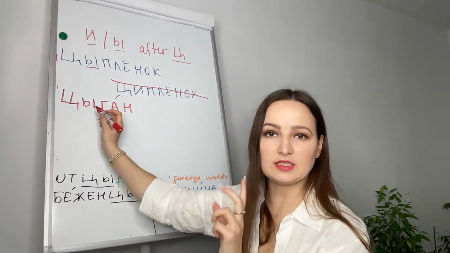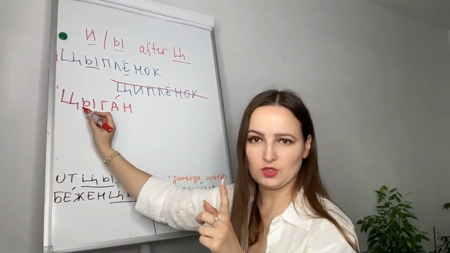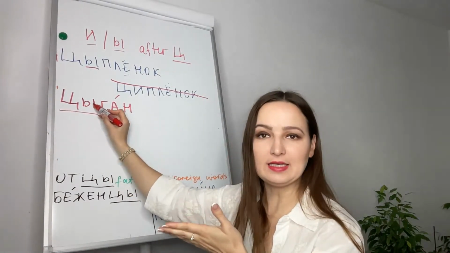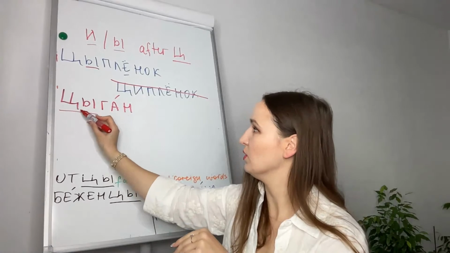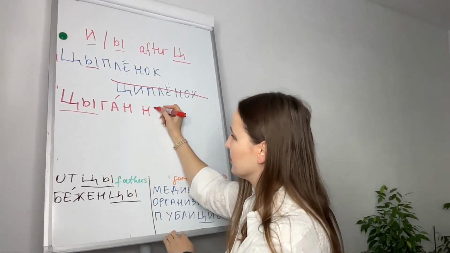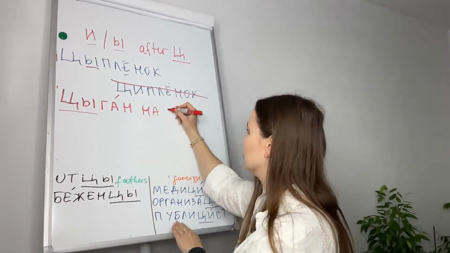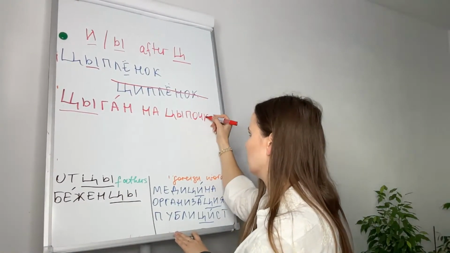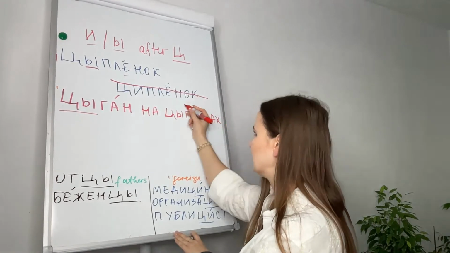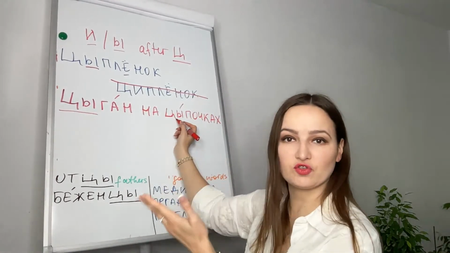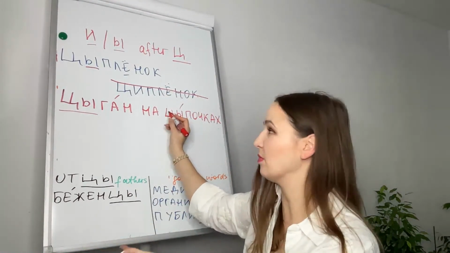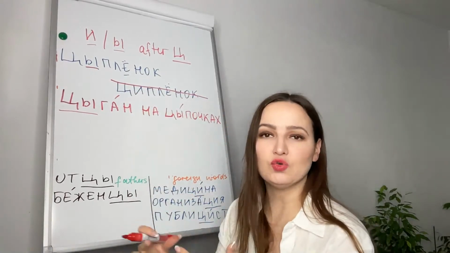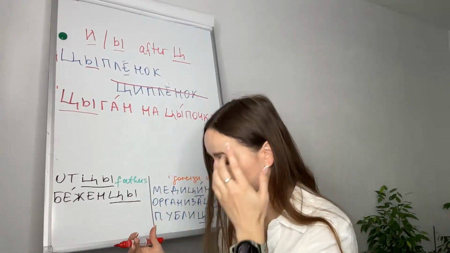Again, цыган is a gypsy, masculine. Again, according to the rule, we have to write И here, but this is an exception. So цыган на цыпочках. Again, we have to write И here according to the rule, but this is an exception too. So you have to memorize this phrase to memorize all the words that are exceptions.